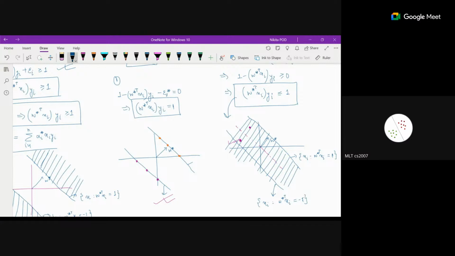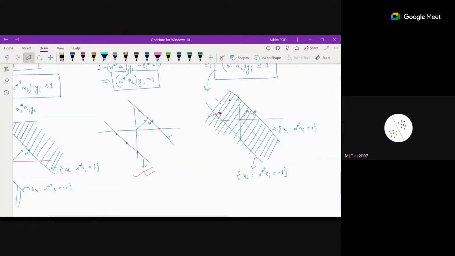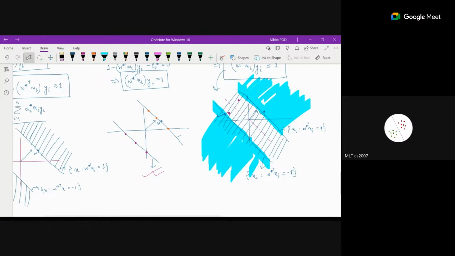From the first case, I know that any point that lies beyond these two hyperplanes, that is outside these hyperplanes, is not important to us, correct? So I don't have to worry about it.